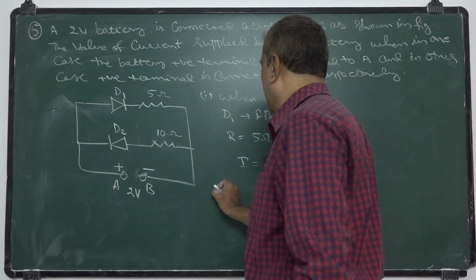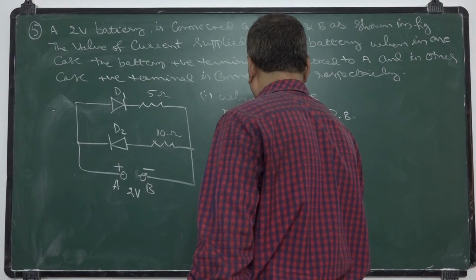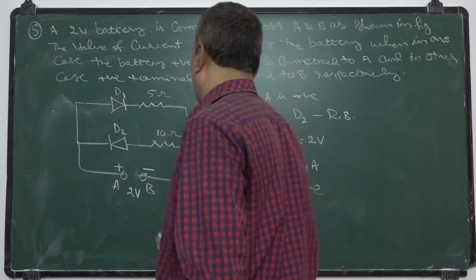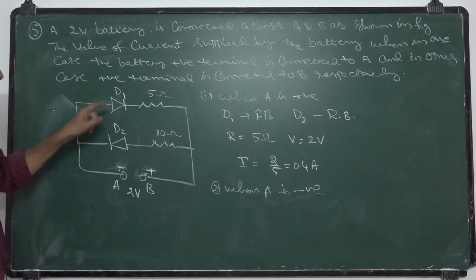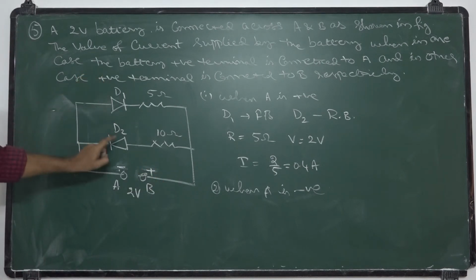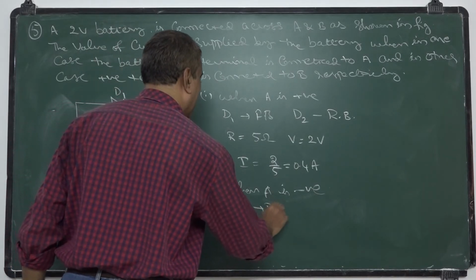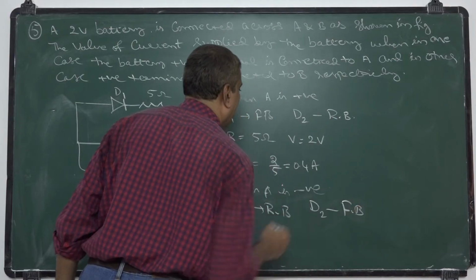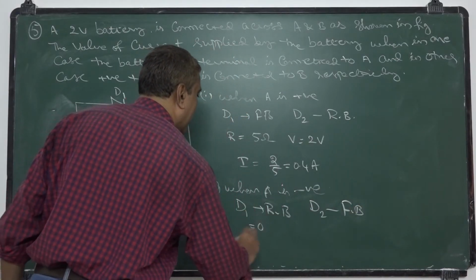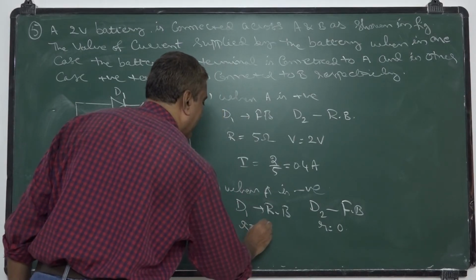Now second case, when A is negative. So when A is negative, this is negative, this is positive. D1 is reverse biased, D2 is forward biased. So it offers zero resistance, it offers infinite resistance.